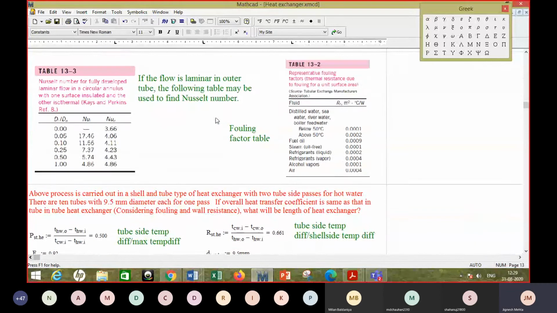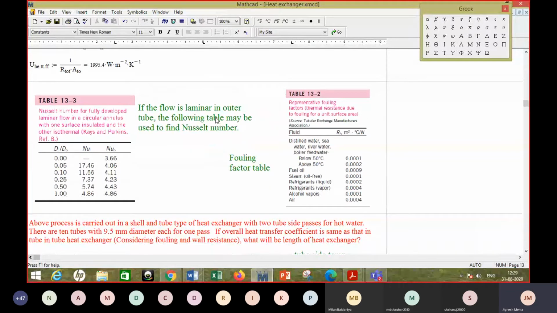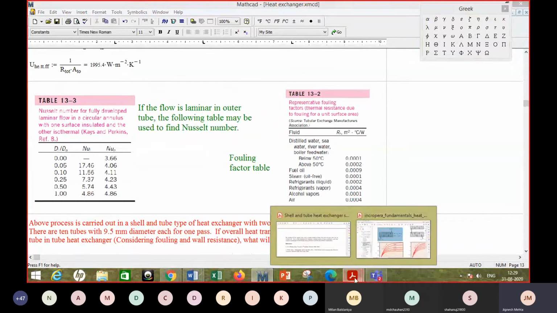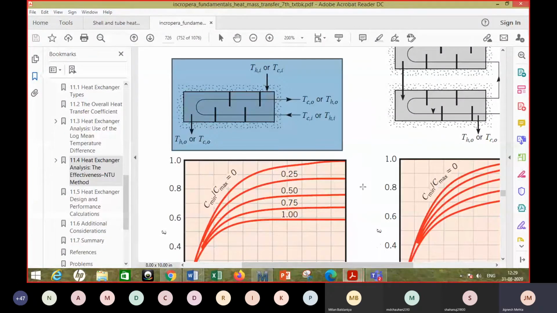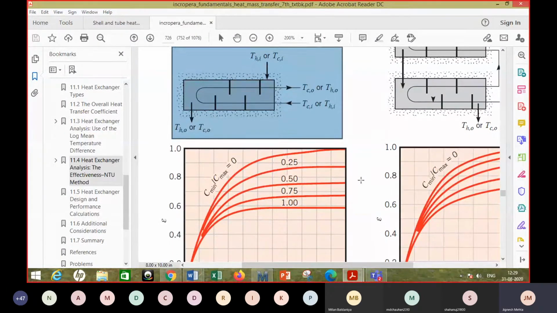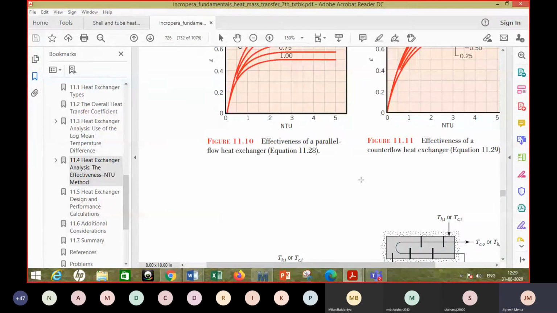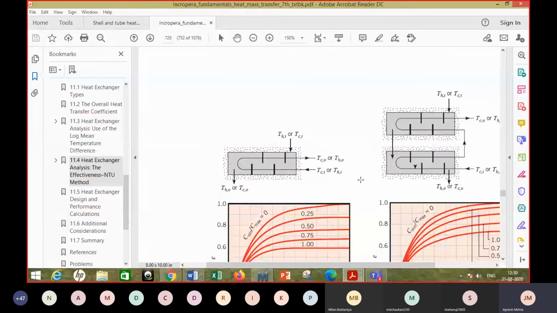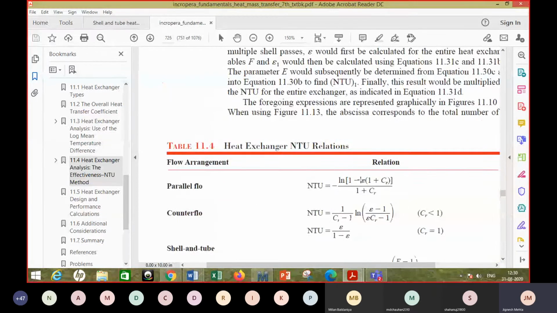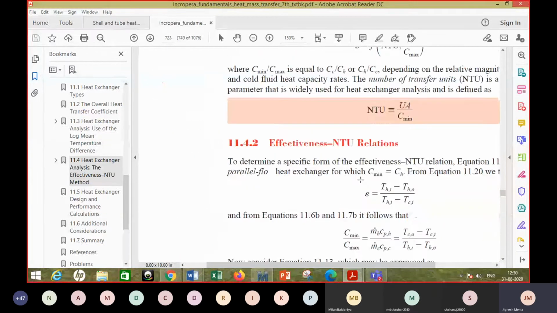So now you want to find out different things, and you are going to use these graphs, like if you have to find out the correction factor.